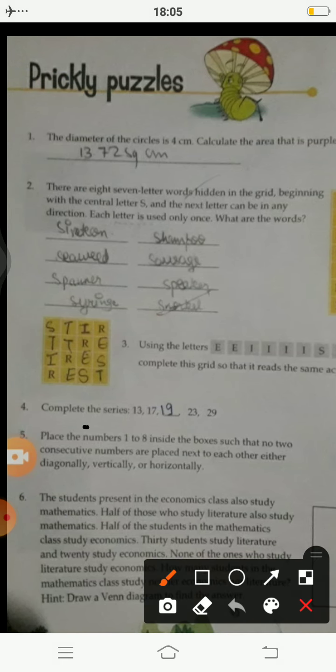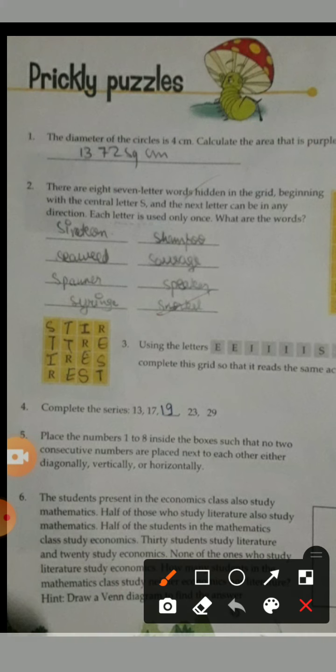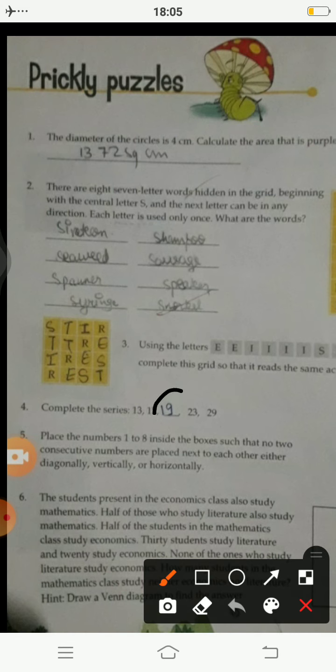Next we have to complete the series. We have been given 13, 17, 23 and 29. In between there was a blank, which one of the students filled in, since this is last year's book. So 19 is the correct answer.